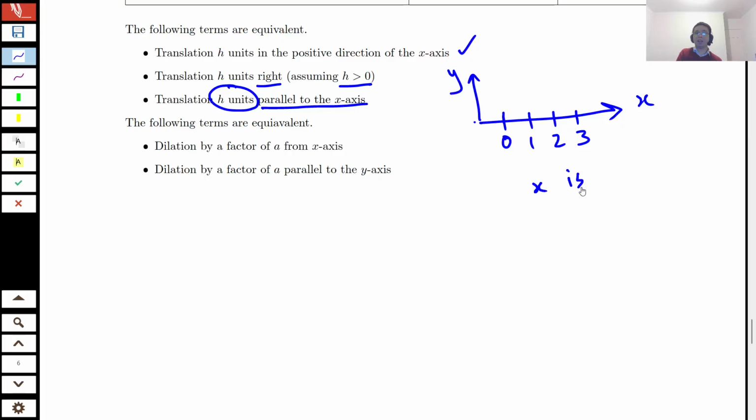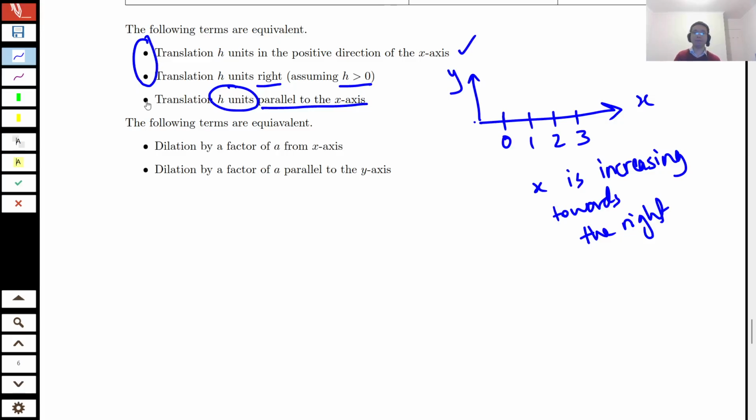So if you just say translated 3 units parallel to the x-axis, it's assumed that you are translating in the positive direction. Personally, I would just use these two and not the third one because it's not as precise.